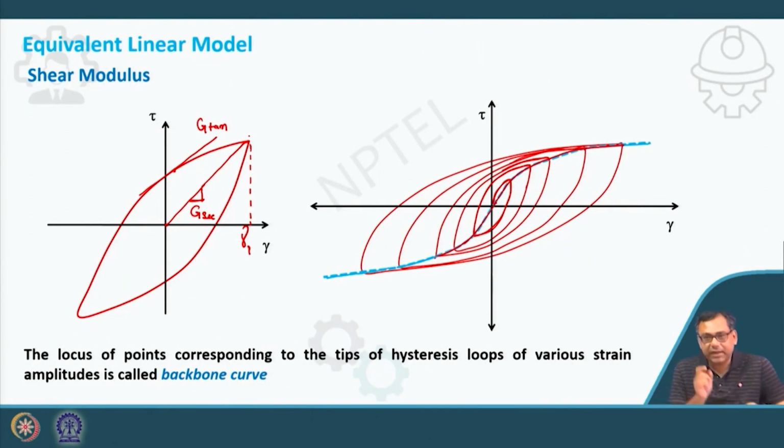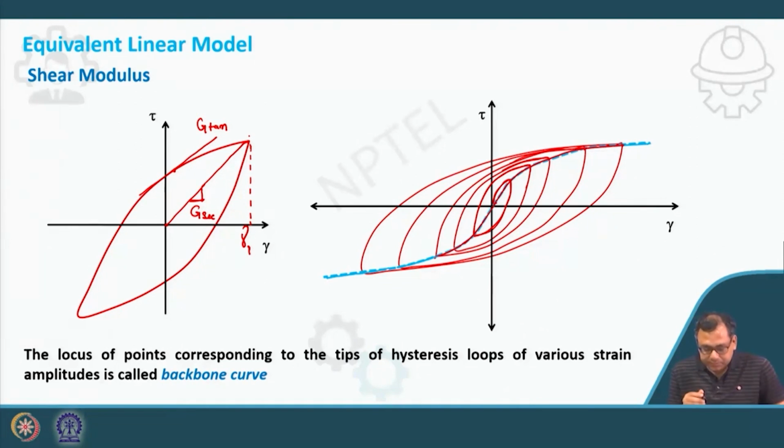The secant shear modulus is the average shear modulus of that particular loop, which we can use for our analysis. So right now I have discussed two shear moduli: one is the tangential shear modulus, which changes over every point of the loop, and the other is the secant shear modulus, which is the average shear modulus of that particular loop.